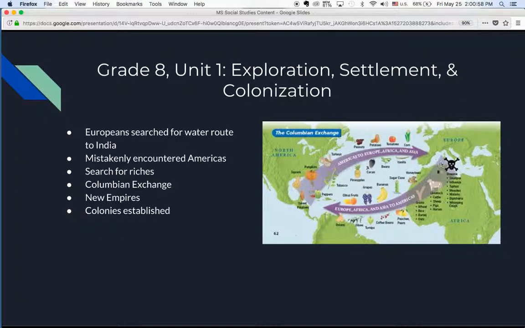And so you see that there were a lot of goods going from the Old World to the New World and vice versa. There were other goods that are not shown on here that were also exchanged. Because of this new contact, some major empires were created by the Portuguese and the Spanish, and then we start focusing more on the English and the French, and eventually focusing entirely on the English.